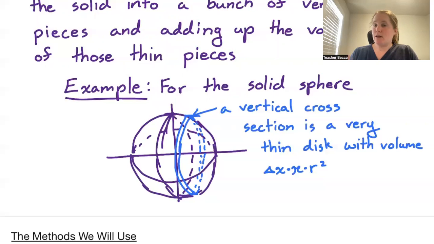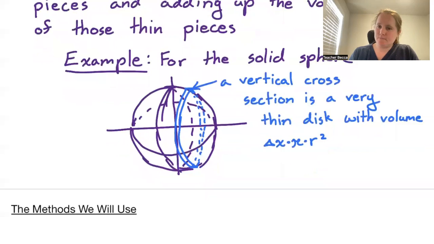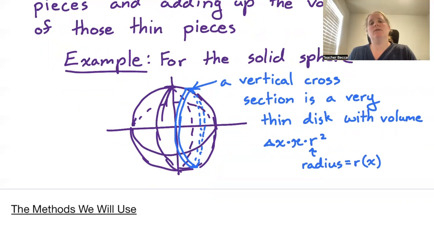And the radius itself is a function of x. So this is one thing we could do. We could just take a whole bunch of vertical cross sections, these discs, and add them together.